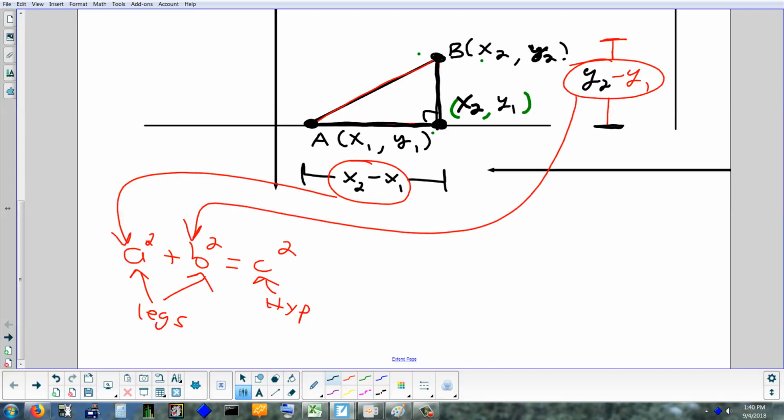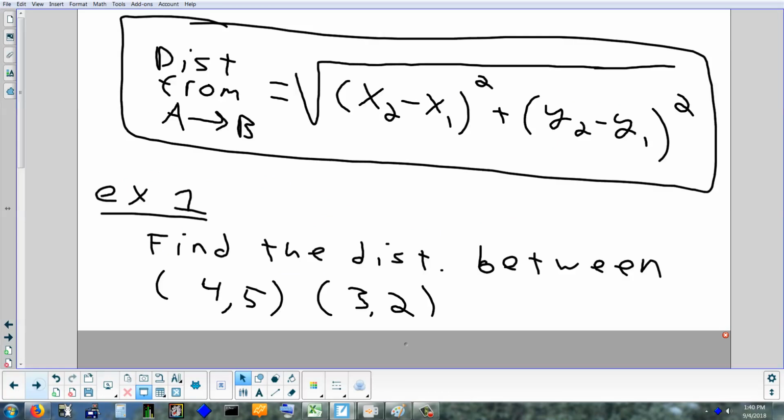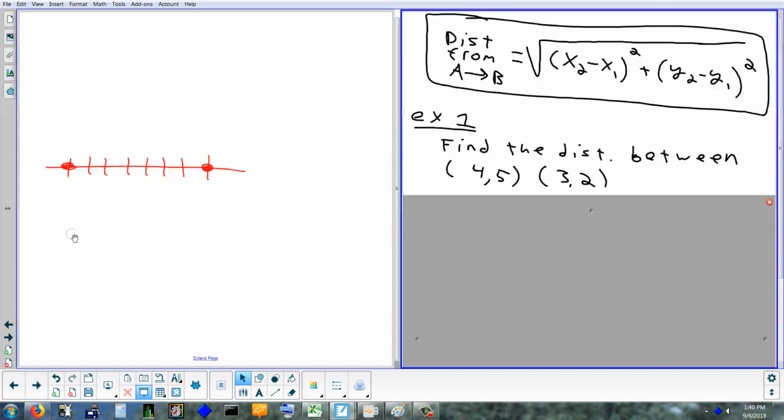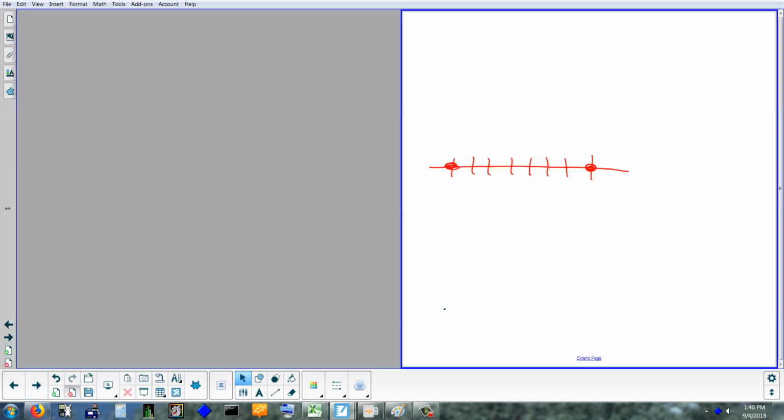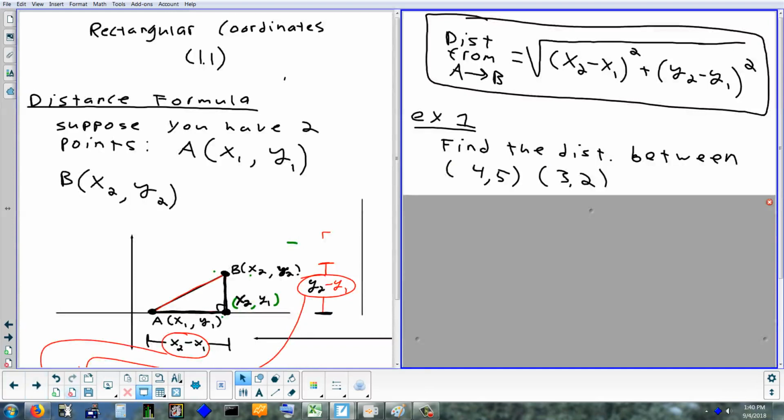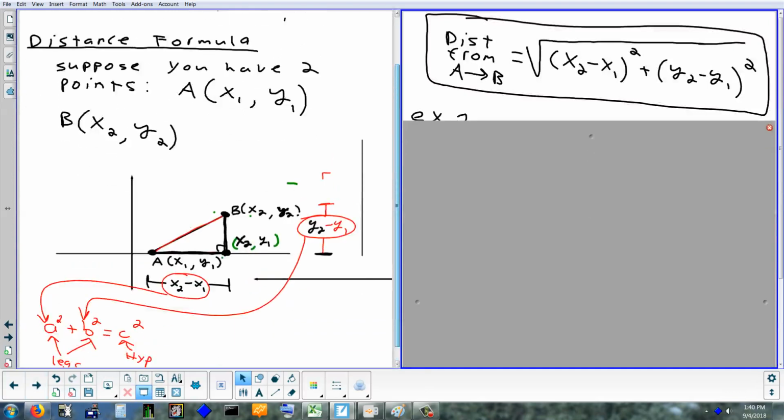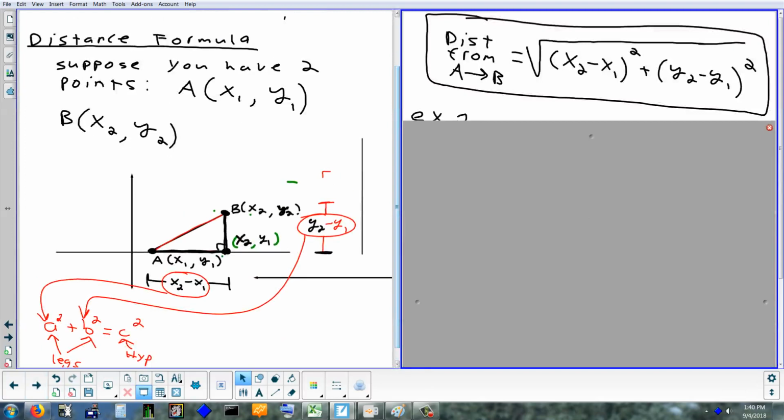Okay, so we'll go back to the other page where I already have that written. All right, now you get rid of that. And let's kind of look at the formula. So I've got one side squared, x2 minus x1, that's the bottom, squared, plus another side squared, y2 minus y1 squared.